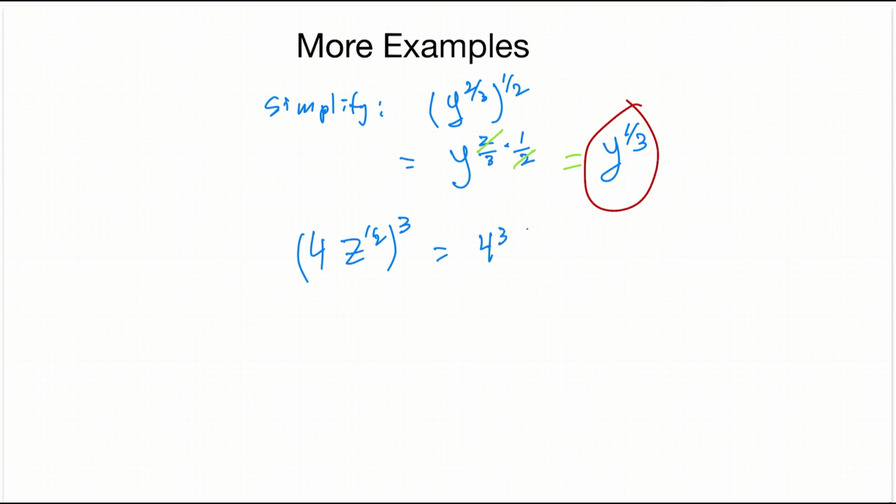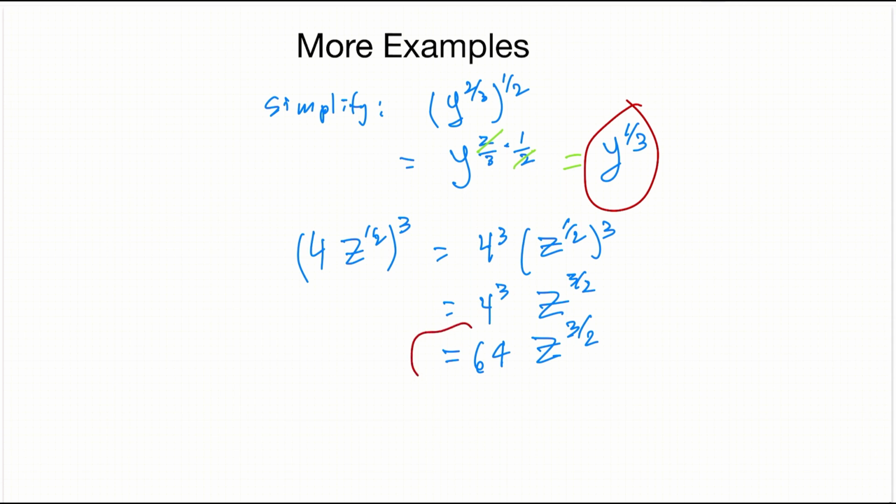Now we're just left with z to the 1/2 power quantity cubed, which is equal to 4 cubed times z to the 3 times 1/2. 4 cubed is going to be 64 times z to the 3/2 power. So there we've simplified it down. So there's the answer to the second example.